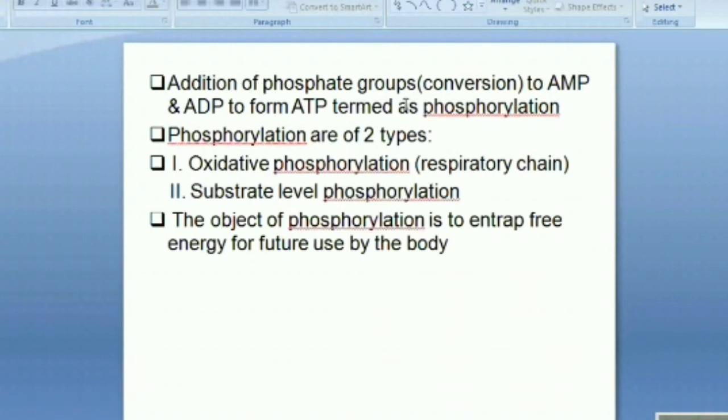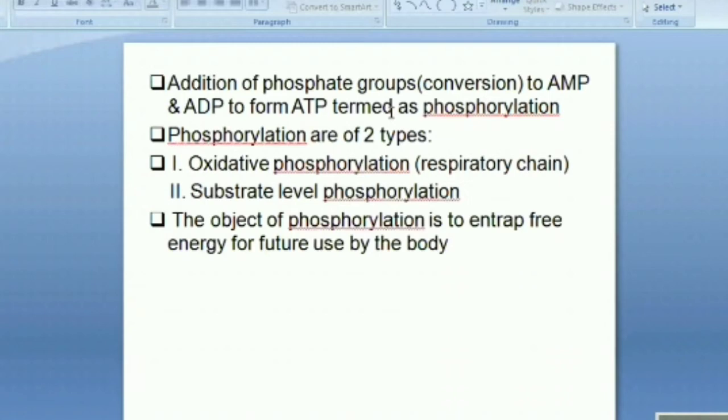We sometimes ask the most basic ideas in the exam. Define phosphorylation. Is it clear? This is not oxidative phosphorylation. Simple phosphorylation: addition of a phosphate group to AMP or ADP to form ATP can be termed as phosphorylation.